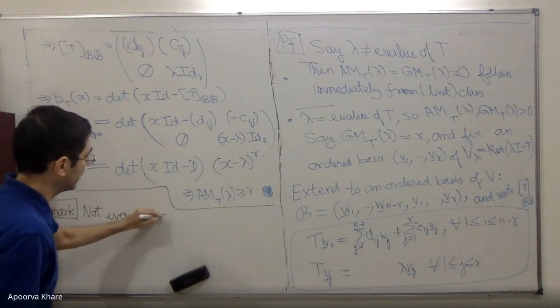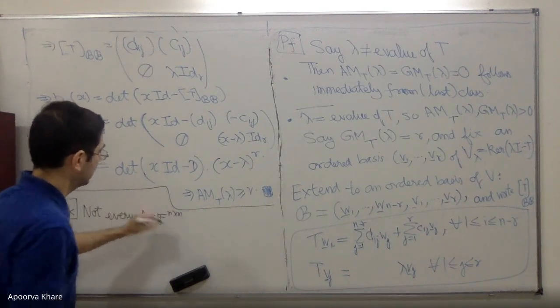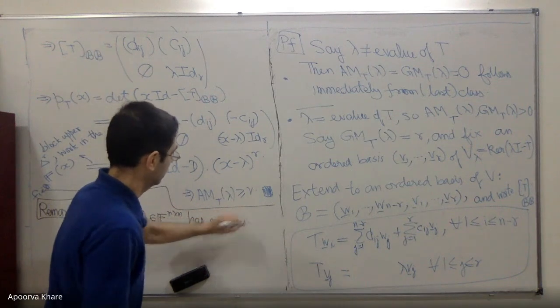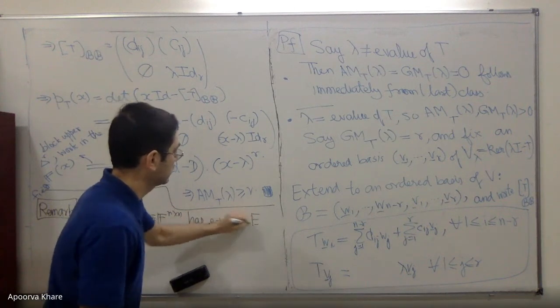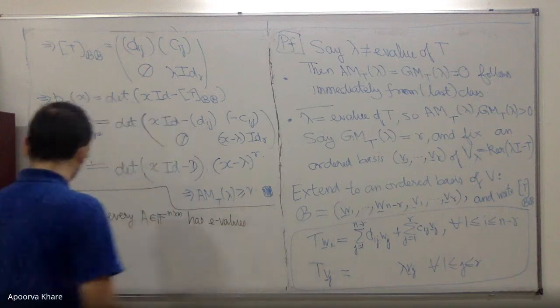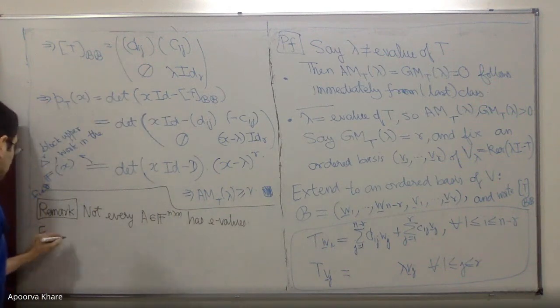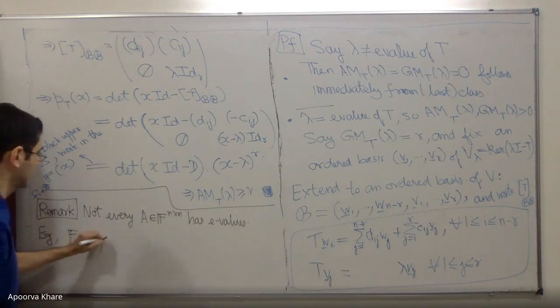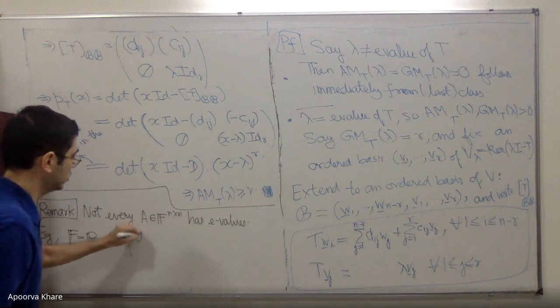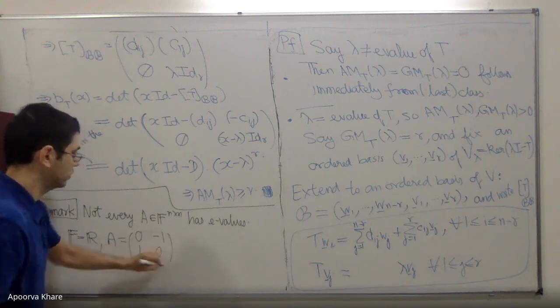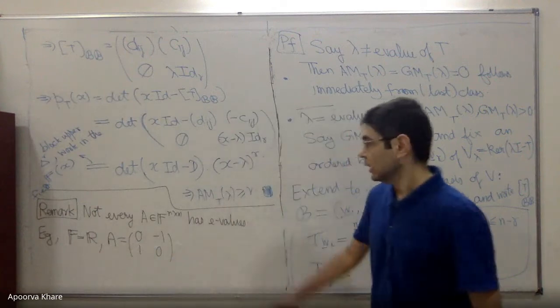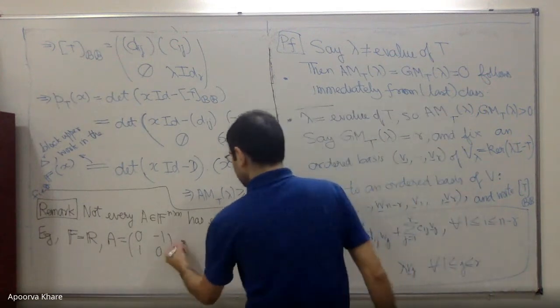Not every A belonging to F to the n cross n has eigenvalues. For example, let's say the field is the real numbers. A equals 0, -1, 1, 0. It's a rotation matrix: cosine, negative sine, sine, cosine. And so this is the characteristic polynomial.